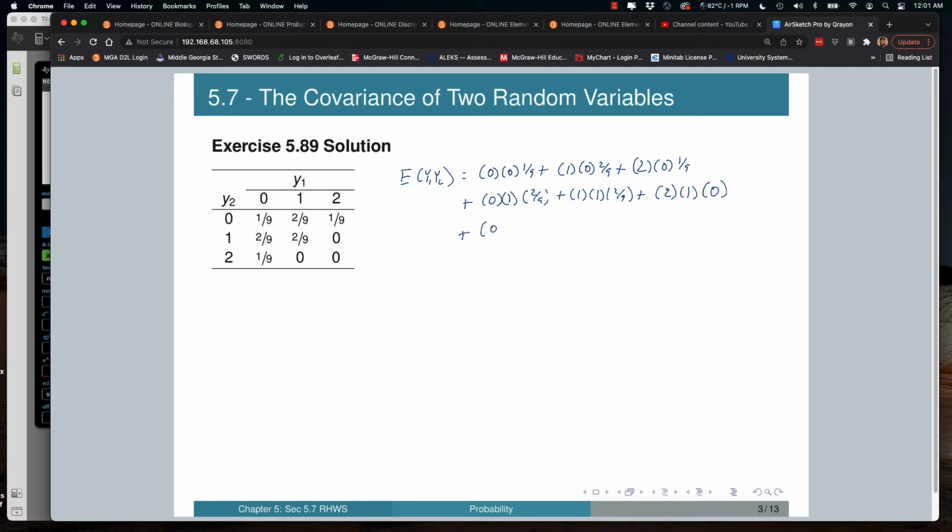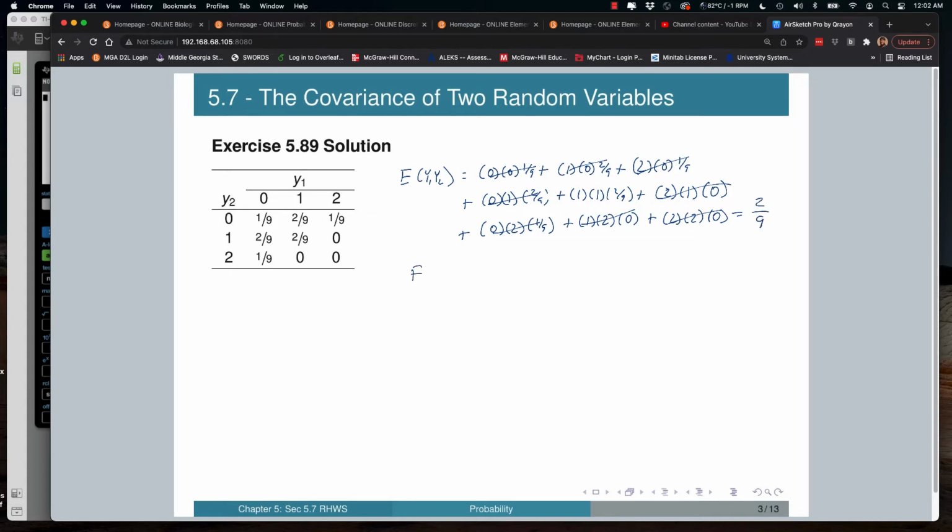So that's 0 times 2 times 1/9, and the other two should zero out: 1 times 2 times 0 plus 2 times 2 times 0. When you go through that, everything goes away because most of these are zeros, and you're left with just 2/9 as the expected value of y sub 1 times y sub 2.